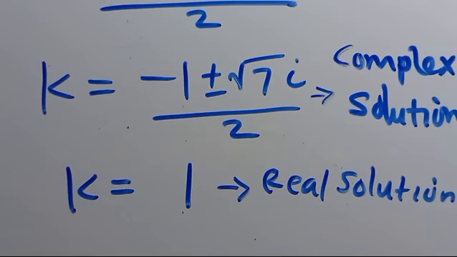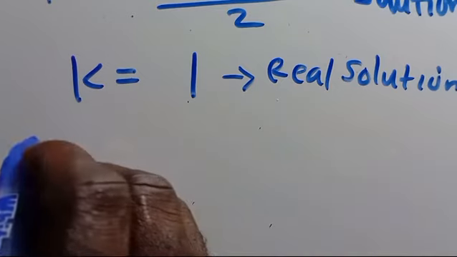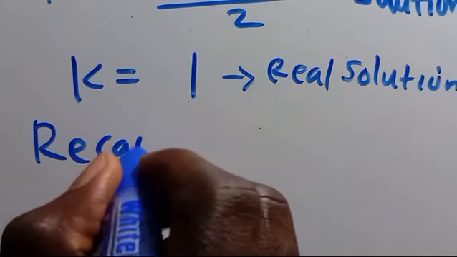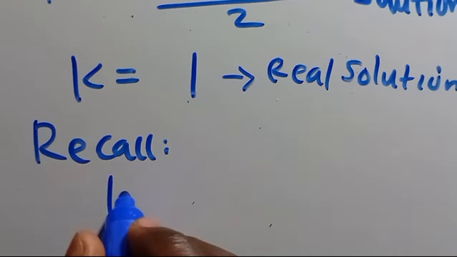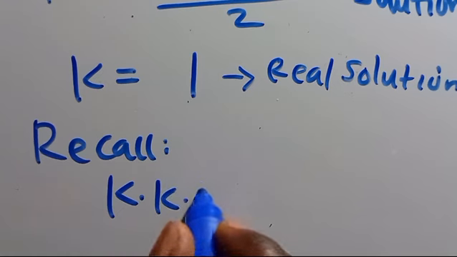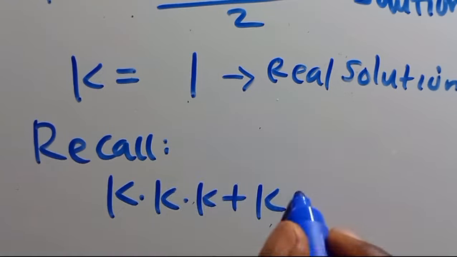So now let us recall we have k times k times k plus k equals 2.